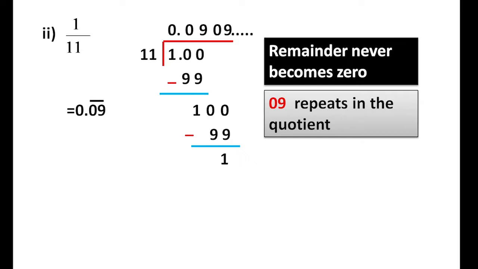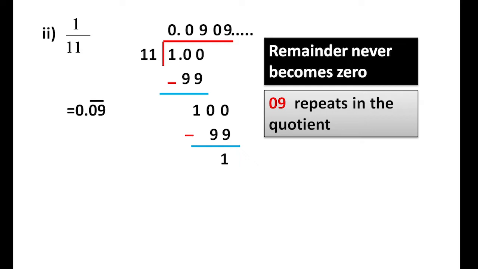This is the method. No need to put dots after 09. We have to put a small line segment over 09. Now the first part is over. So this is the decimal expansion.